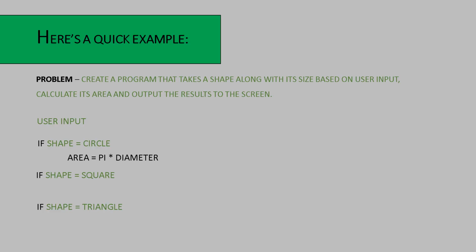So for the circle, the area is determined using the formula pi times diameter. A square is length times width, and triangle is base times height divided by 2. And as I stated before, each one of these results will end up outputting to the screen.